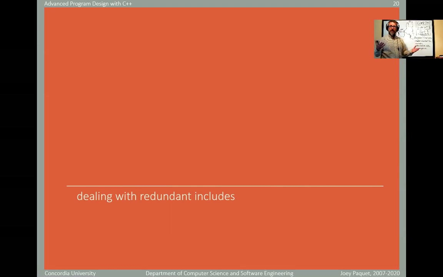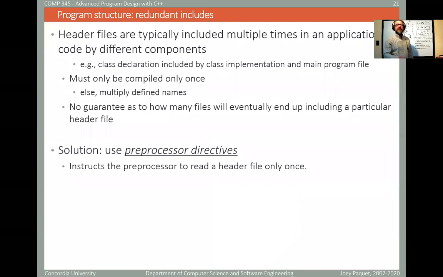If you read the same declaration twice, it's a redeclaration. The compiler will say, well, this class here, I already read it before. This is a redeclaration of two things of the same name. It will not know that this is actually the same thing. So these are called redundant includes.